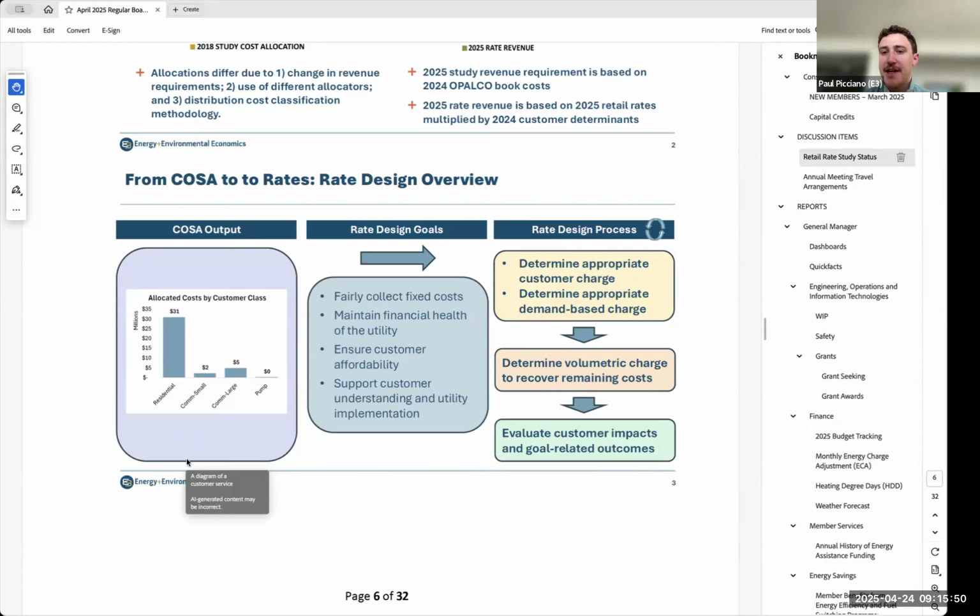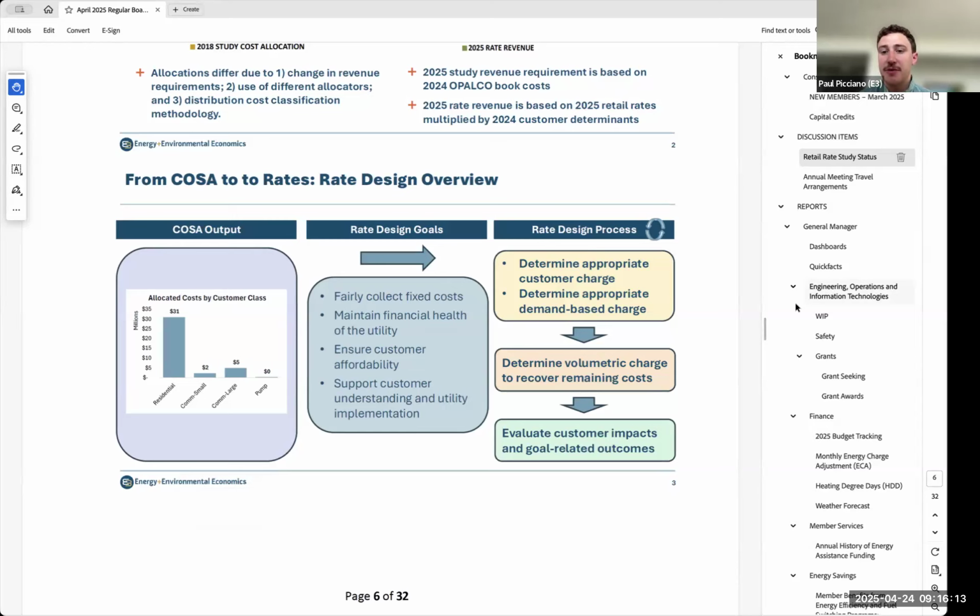A few of those identified during this phase have been making sure that the fixed costs are fairly collected among customer classes, since a significant portion of Opalco's costs are fixed costs. We want to make sure that the financial health of the utility is maintained, that Opalco can collect sufficient revenue to meet the costs.